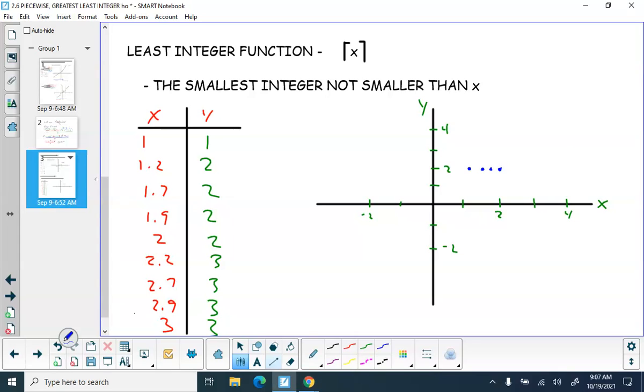Where does our open dot now go? What if I have 1.00000000001? I'm still at 2. So what happens is the open dot switches to the other side. But we still run the idea of a step function. At 1, we're at 1. So I have an open dot on the left, solid dot on the right. And once again, we get a step function.